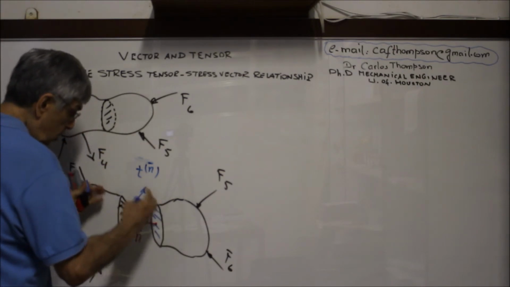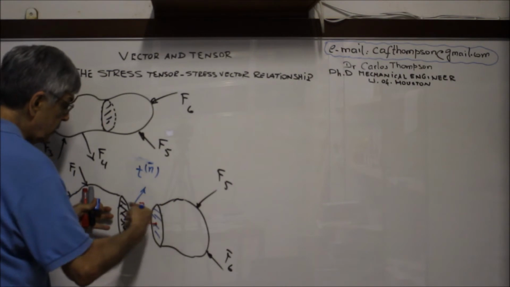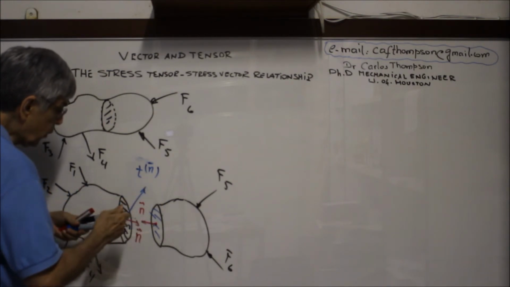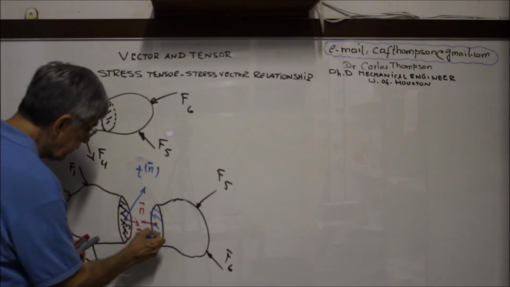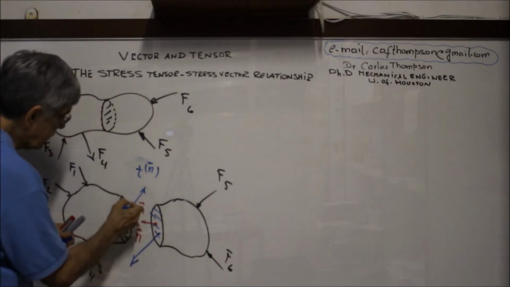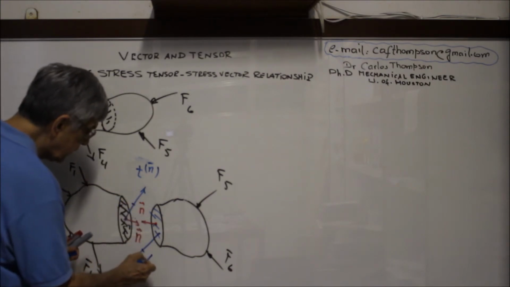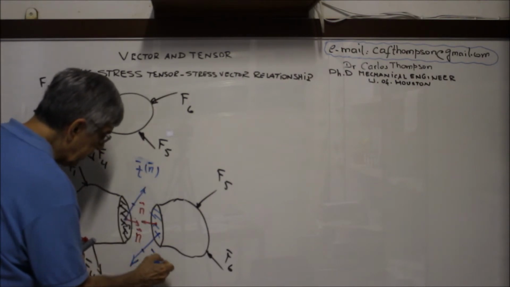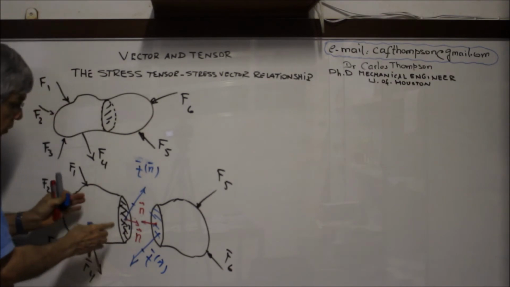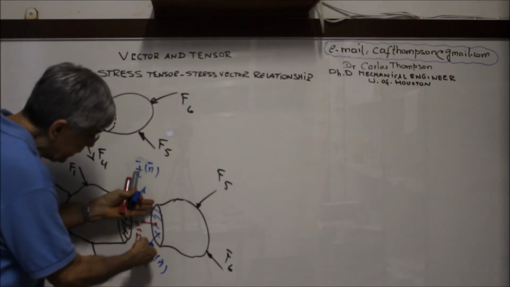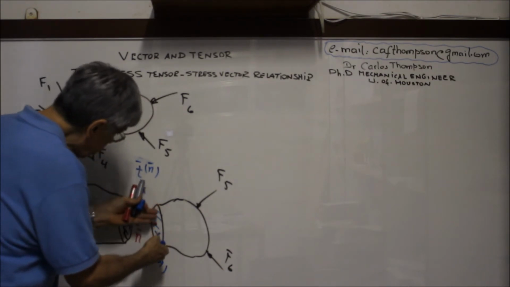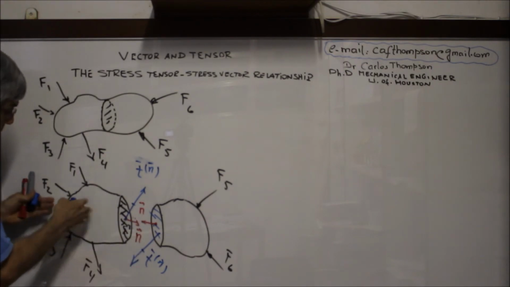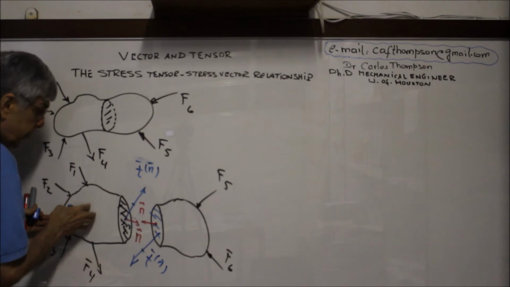If I join them, this will be in equilibrium with this over here. This is the same, in the opposite direction, this T. Let's put a vector here, T of n. You see this equilibrium. So this appeared influenced by the left cut, the left part.